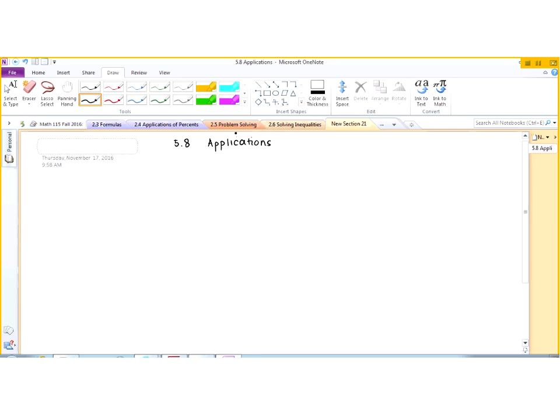Okay, Pythagorean theorem. When do we use the Pythagorean theorem? What type of triangle specifically? It's actually a right triangle. So we always use the Pythagorean theorem for a right triangle, right?